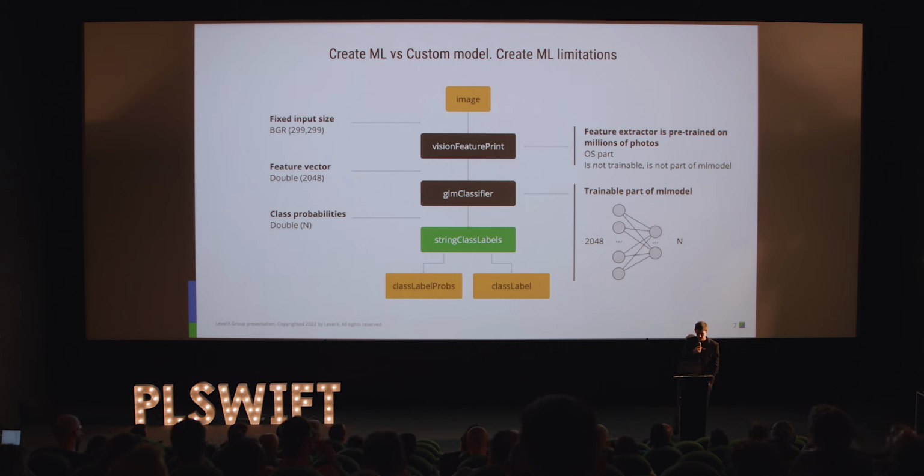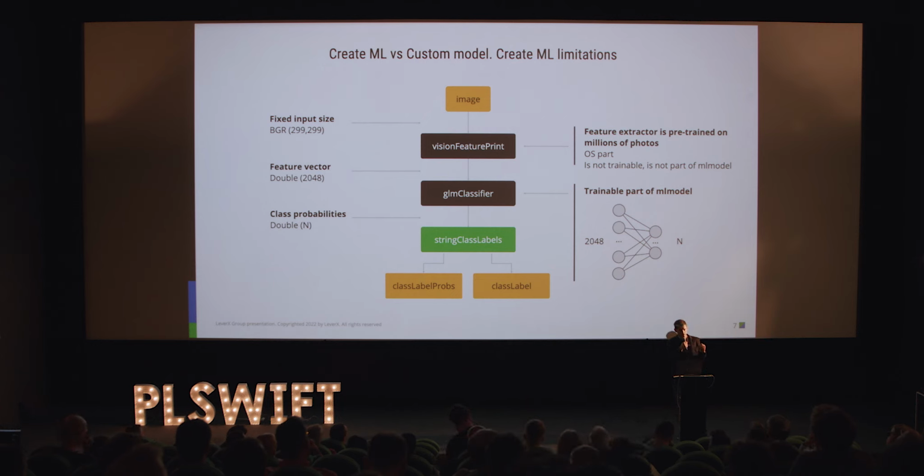The answer is the second layer, the vision feature print. Apple has their own model that was trained, and as Apple mentions in the documentation, they trained it on multiple millions of photos. So it gives you a black box.